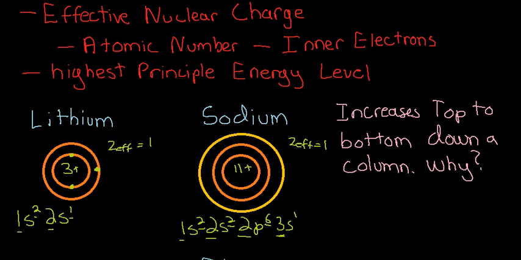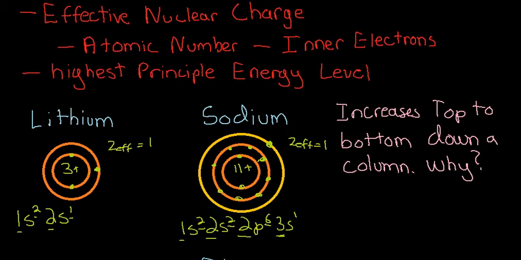What is going to cause the difference is the fact that sodium now has its valence electron in the n equals 3 energy level. If we were to fill these, we would have 2 in the n equals 1, we would have 1, 2, 3, 4, 5, 6, 7, 8 there, and we would have 1 in the n equals 3 energy level.